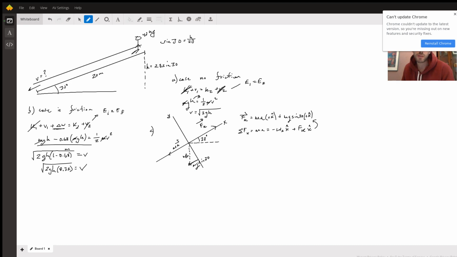Yeah, it should be because it should be in the same direction. So yeah, it would actually be ma, the mass times acceleration is equal to Wx minus F of k.